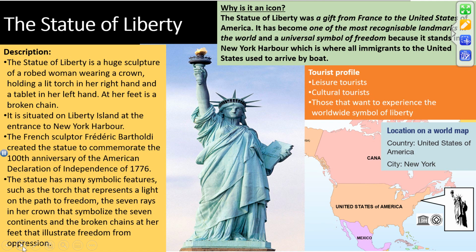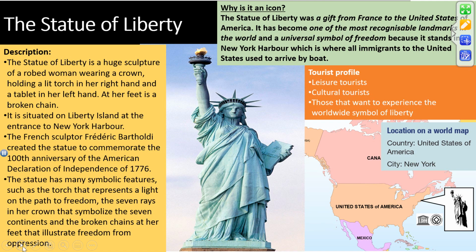As already mentioned, this statue is located on Liberty Island, which is the entrance to New York Harbor. It was created by the French sculptor Frédéric Bartholdi, and he created the statue to commemorate the 100th anniversary of the American Declaration of Independence.